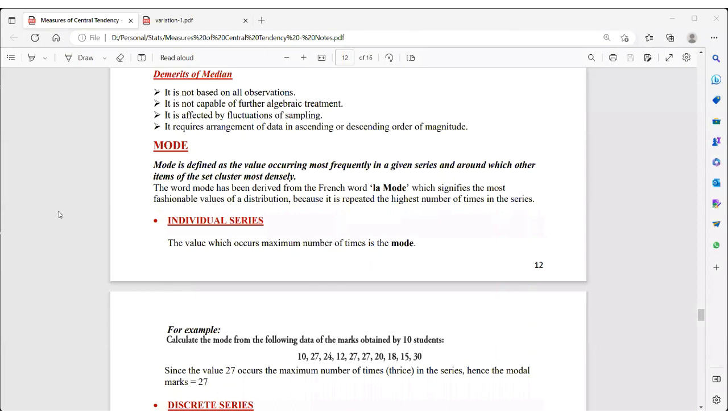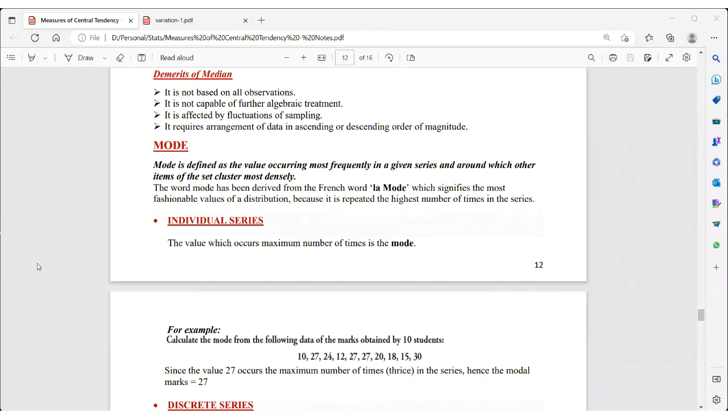Generally, mode is the value which occurs the maximum number of times, or most frequently, in the given data. Among all the items, the item with the maximum occurrence is the mode, right?